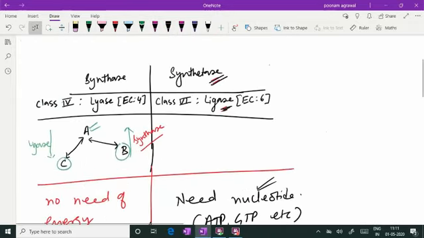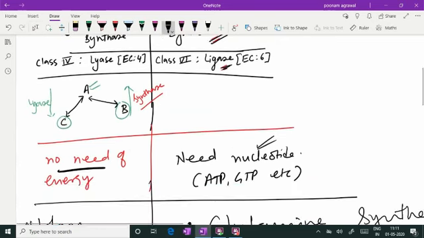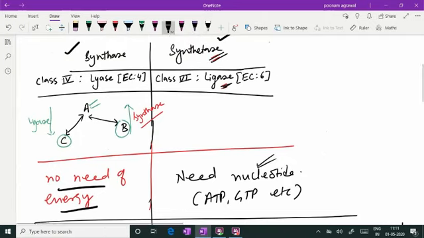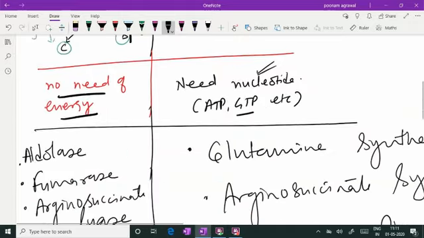So you should clearly know that they are not synonyms, they belong to different classes, and synthases do not need energy. That is the most important statement about them, and synthetases need an external source of energy. So all the enzymes belonging to class 4, if they are condensing two things together, because they are reversible, if they are condensing two things together without the need of external energy, they will be called synthases.